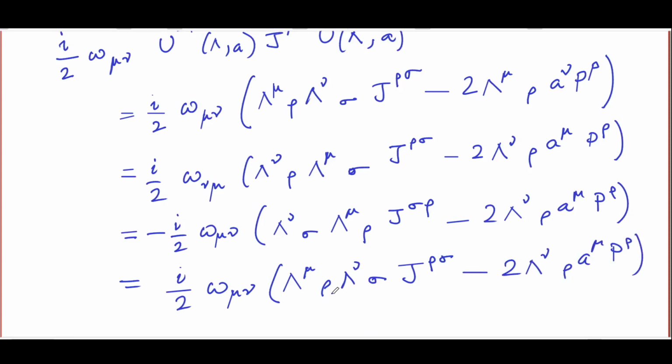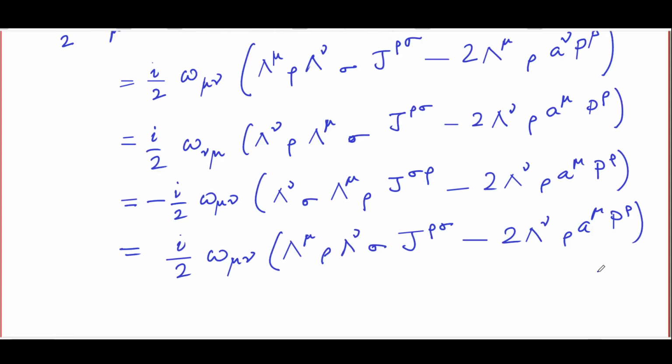Actually, what we showed right now is this expression is already antisymmetric in mu and nu. So, interchanging mu and nu actually gave back the same thing. On the other hand, this term, as it was originally, is not antisymmetric under mu and nu. And that is why you are getting a different expression here.